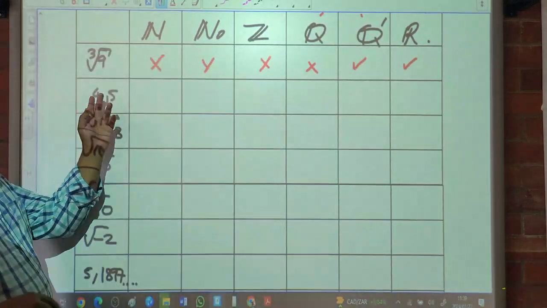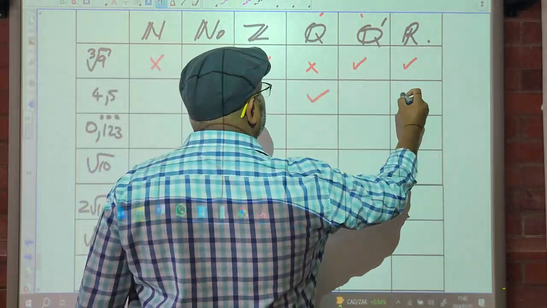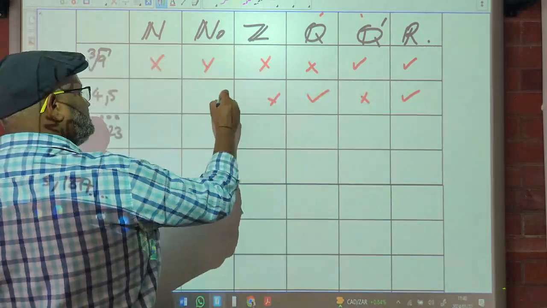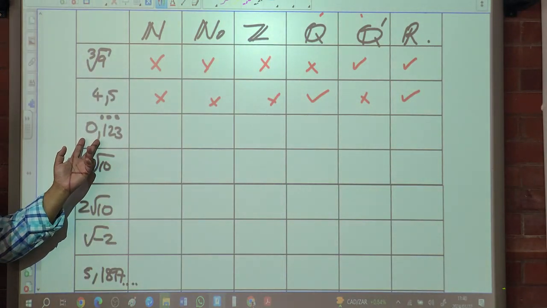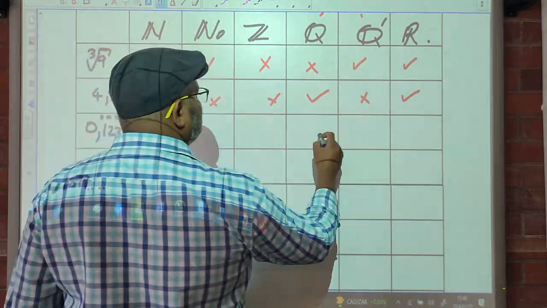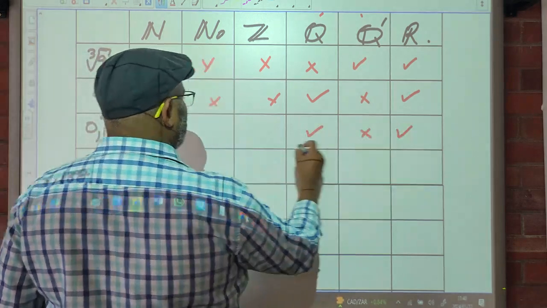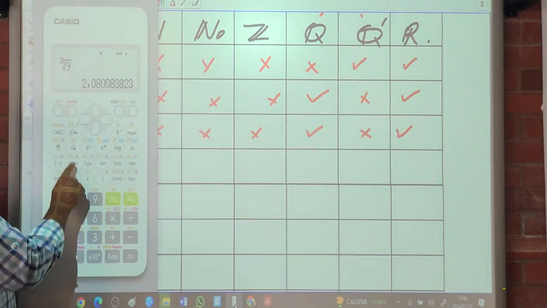The terminating decimal. What type of number is that? Rational and real. None of those there. A recurring number. Can be written as a fraction? Yes. So that is rational and real, and none of the others. Square root of 10, that's a third, not so?